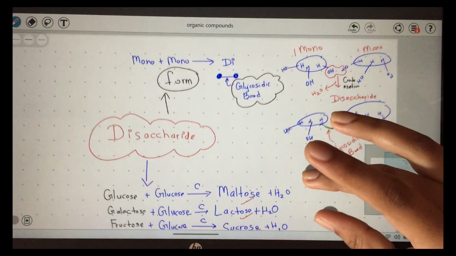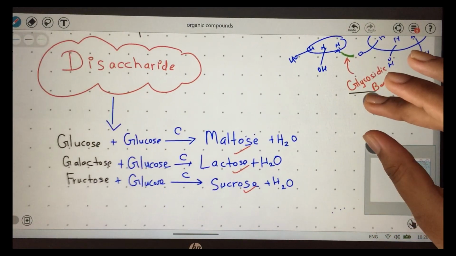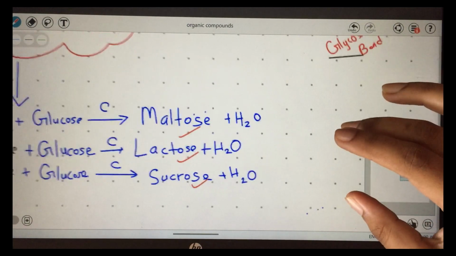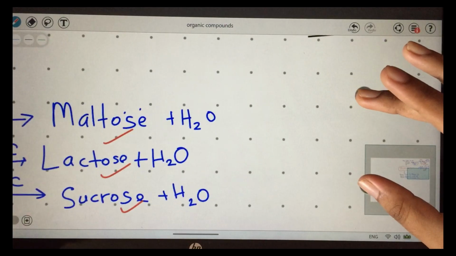Now I'm just telling this. Some of you might find it very difficult to remember whether glucose is a monosaccharide or a disaccharide, something like that, right? So sometimes you might confuse whether maltose, lactose and sucrose are disaccharides or monosaccharides. So how do you remember that? It's something like a dumb mnemonic, a shortcut I made when I was doing my O level.